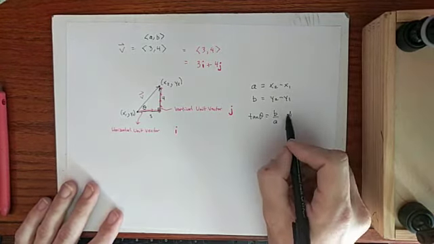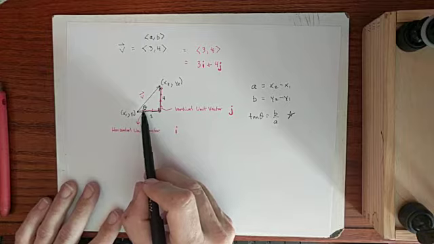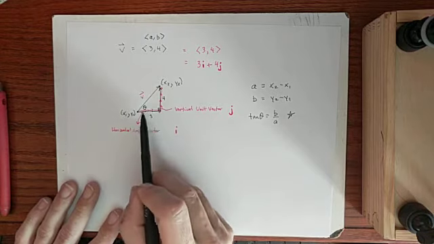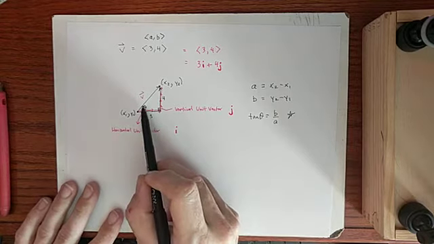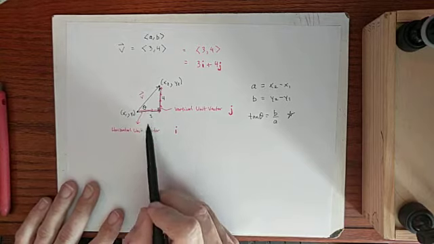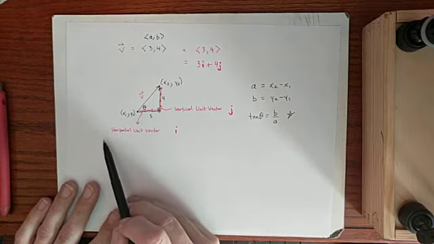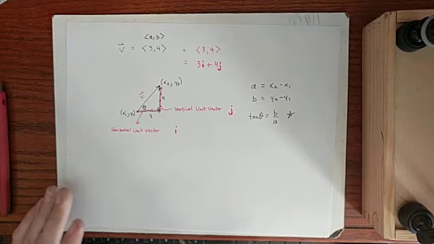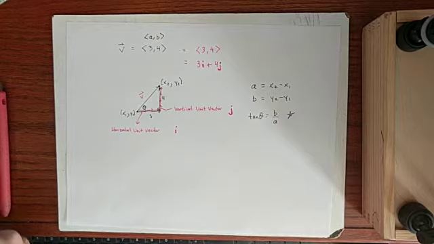I will warn you that if the angle is not in the first or fourth quadrant, you'll have to add 180 degrees or pi radians. But with triangles and vectors, we're almost always going to use degrees. So you'd have to add 180 degrees to get into the second or third quadrant. Okay, so that's important stuff to remember.